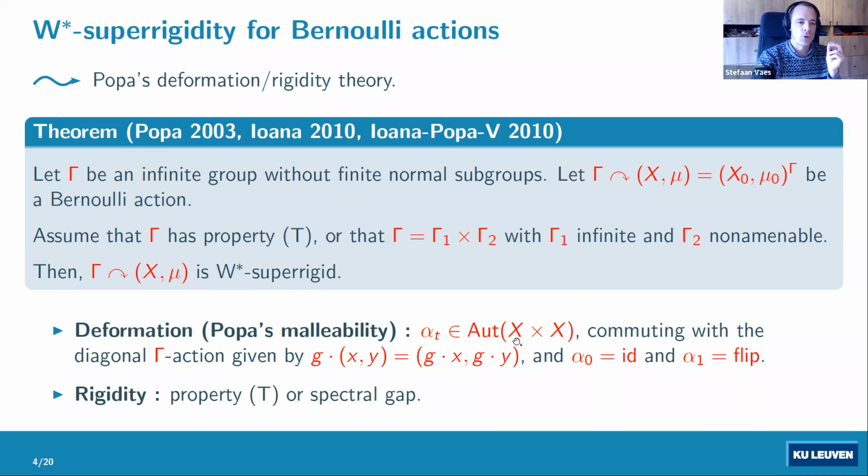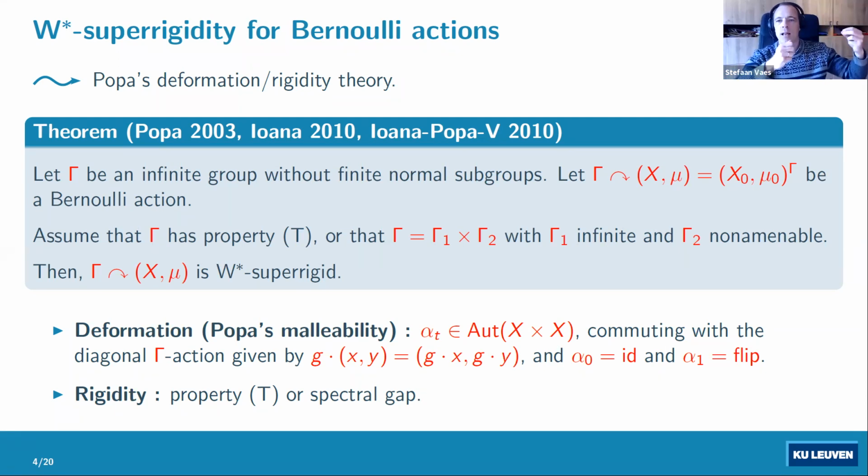Namely, it's possible to have a one parameter family of automorphisms of X times X. So you double the action, you consider its diagonal action on X times X in this way. And this is extremely deformable in the sense that there is a one parameter family of automorphisms that commute with the diagonal action. And they move from the identity to the flip.